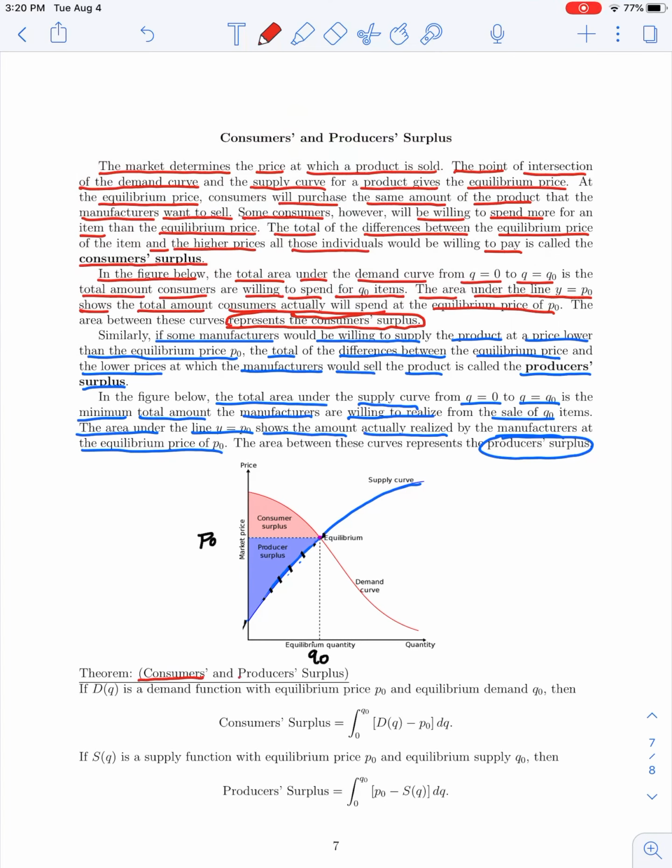So here we get a formula for consumer or producer surplus. Now we know to find the area between two curves, we're just integrating the difference of the functions which describe those two curves.